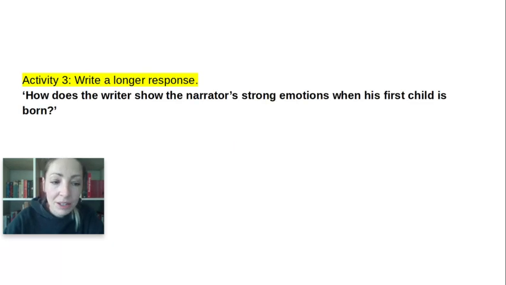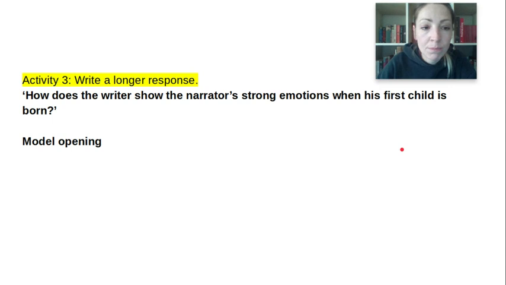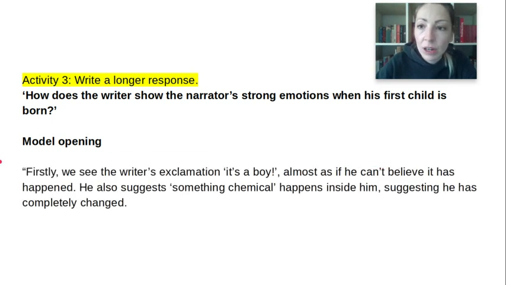Right, so now I'd like you to have a go at activity 3. I want you to spend 15 minutes writing a longer response, and you can use this model opening if you want, okay? So let's have a look at how you should structure your response. Firstly, we see the writer's exclamation, "It's a boy." Tick.